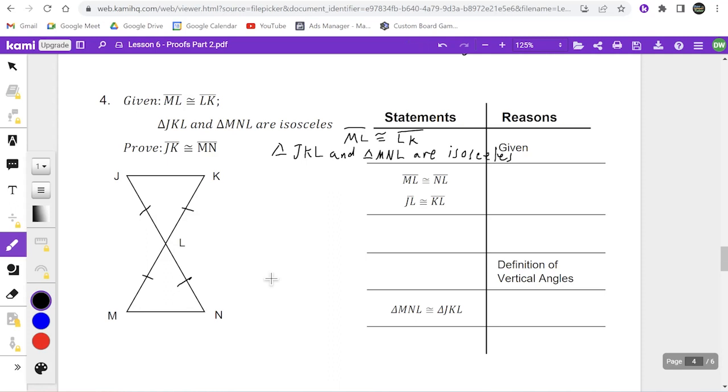It's true because of the definition of isosceles. Yep, definition of isosceles triangles. Because isosceles triangles share either two sides or two angles. In this case, I gave you a side, so remember, both are true. The sides and the angles are both congruent. But as you can see, I first said the sides are congruent.